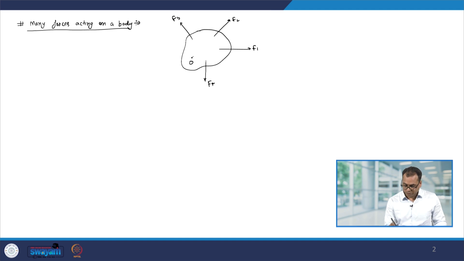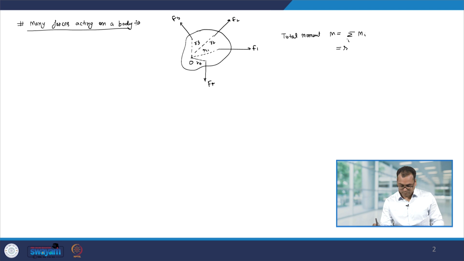From O we draw a vector R1, R2, R3 and R4, then the total moment M will be the sum of all the moments Mi.